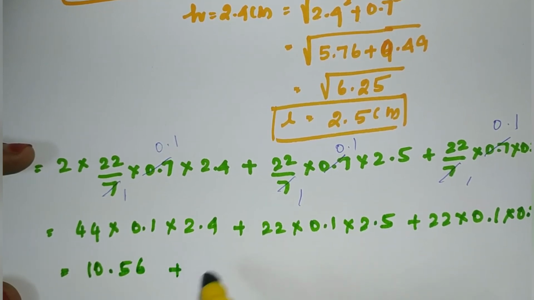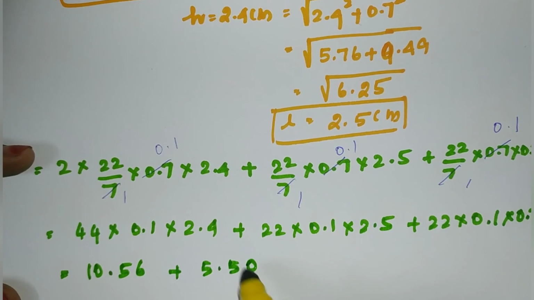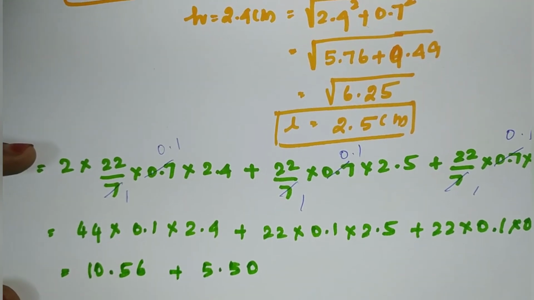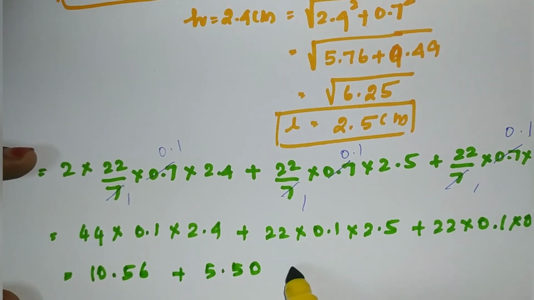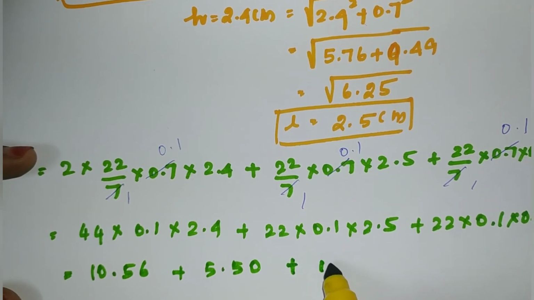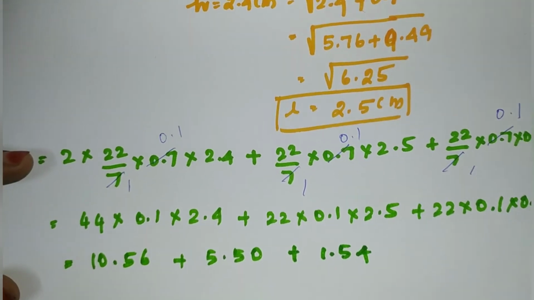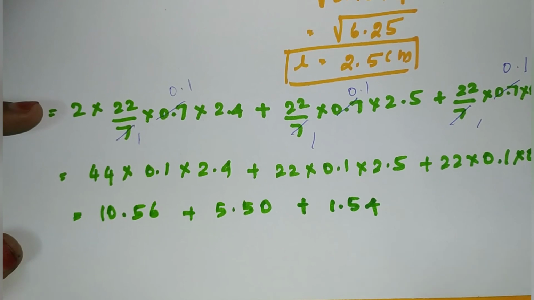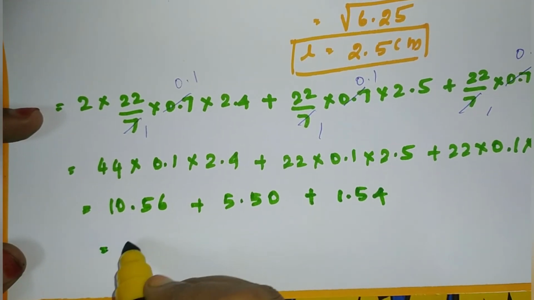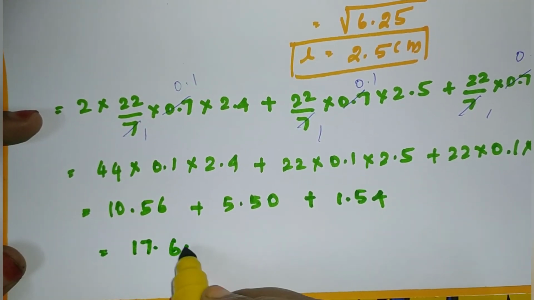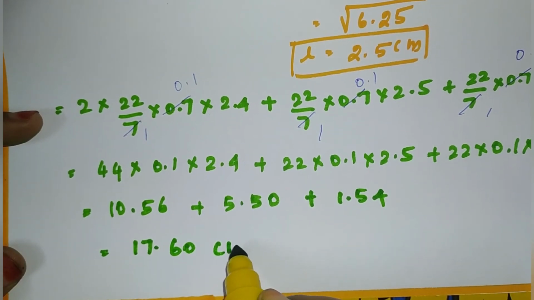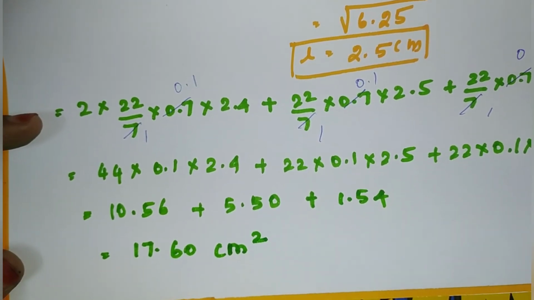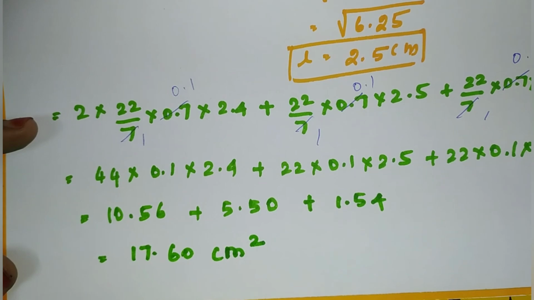If you multiply, you will get 10.56 plus 5.50, and then for this 1.54. So if you add everything, you will get 17.60 centimeter square. Clear, children? Is there any doubt?